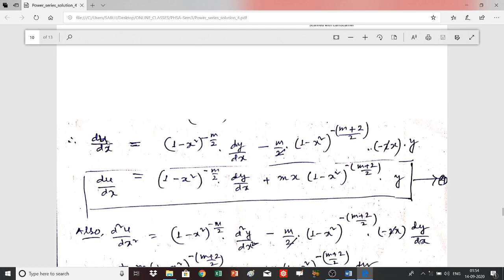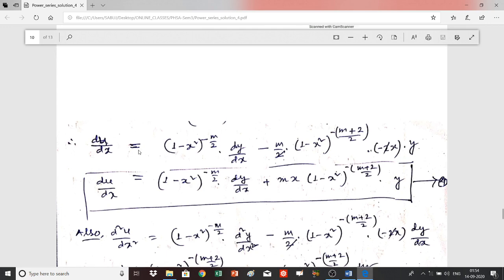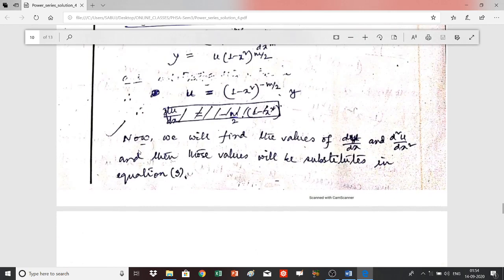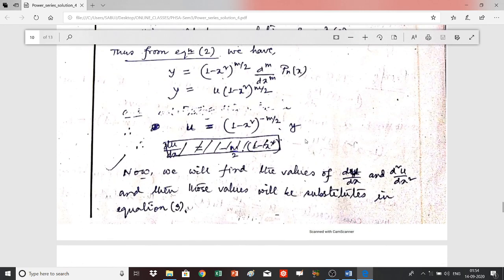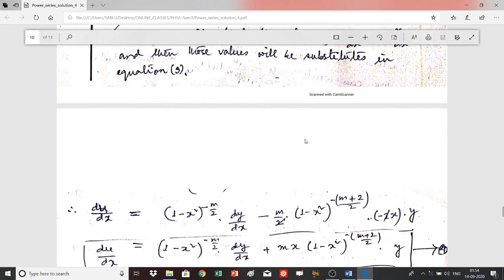So now we are trying to find out the value of du by dx. We have u is equal to (1 minus x squared) to the power minus m by 2 into y, so du by dx is equal to (1 minus x squared) to the power minus m by 2, if you take it as a constant term, into dy by dx, and then you have to differentiate the other term, where y is constant.